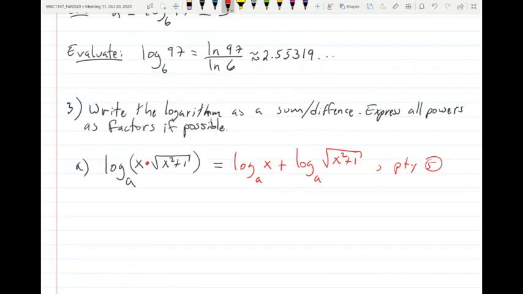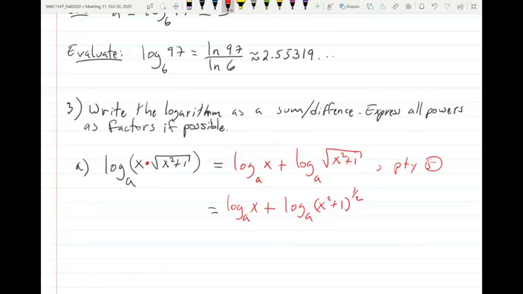Okay, so notice that the first term here, log base a of x, is as simple as it gets. We cannot simplify that more. The question is, can we do something with the other term? Well, there's still something that we can do, right? So we don't touch this one. Now notice that the argument of log base a of the square root of x squared plus 1, we could write as x squared plus 1 to the 1/2.